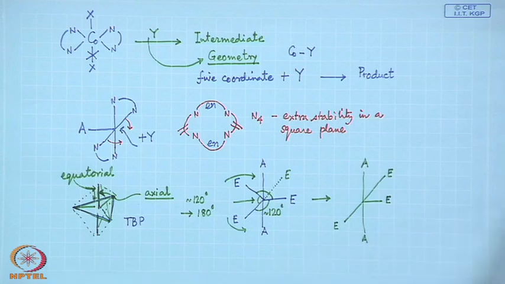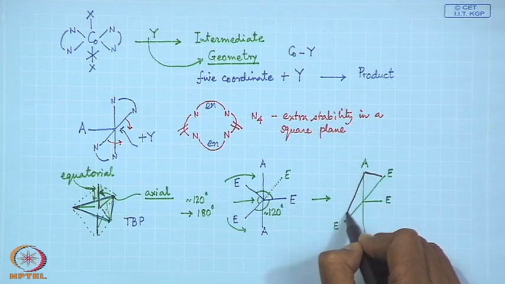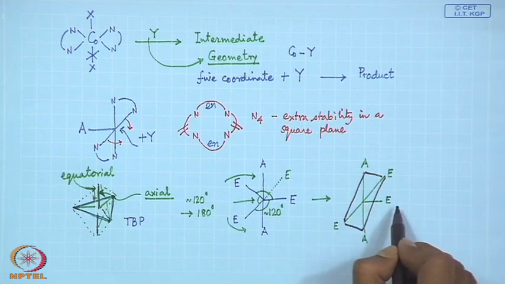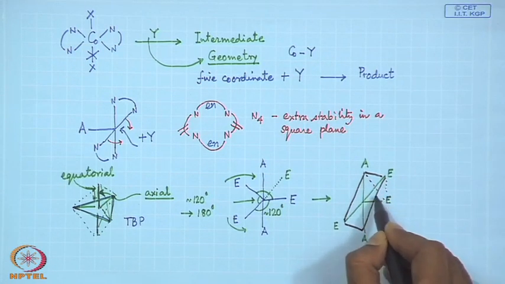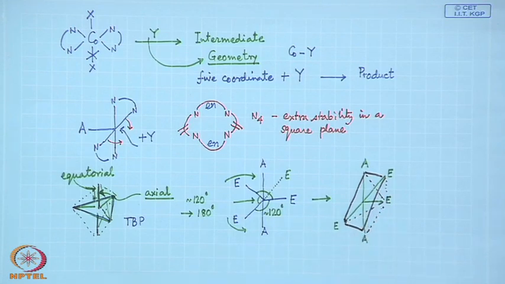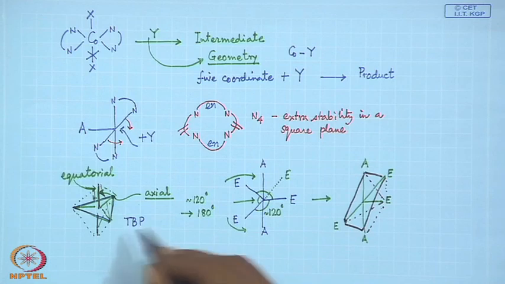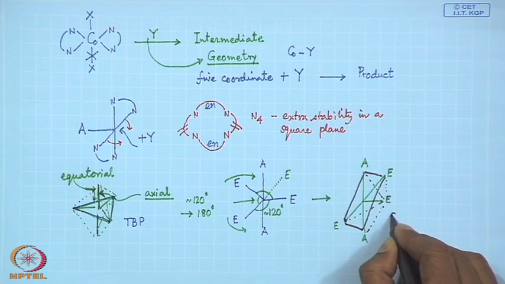As a result, what we are getting there is a square pyramidal structure, where this is the square plane and this is the pyramidal side. So, due to this rotation, a TBP geometry gives rise to a square pyramidal one.